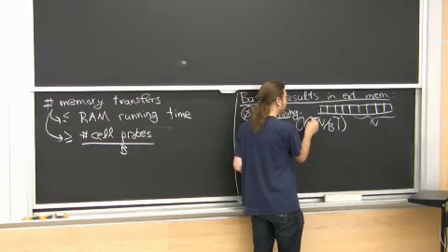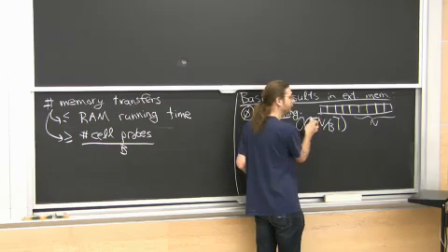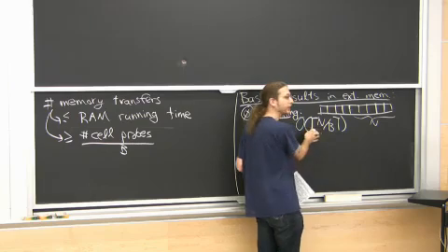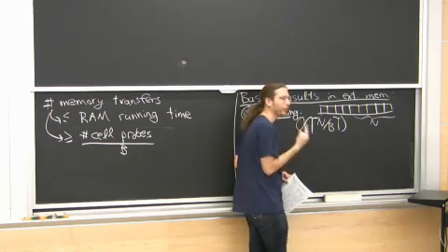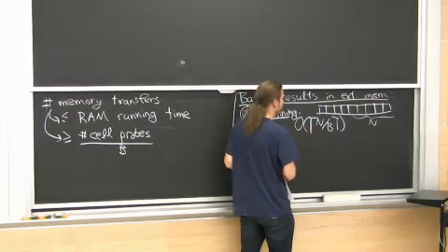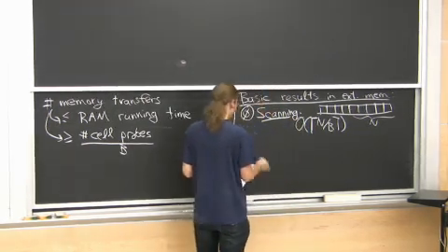The annoying part here is the ceiling. If N is smaller than B, then this is not great. I mean, you have to pay one memory read, so it's optimal. But anyway, that's scanning. Pretty boring.